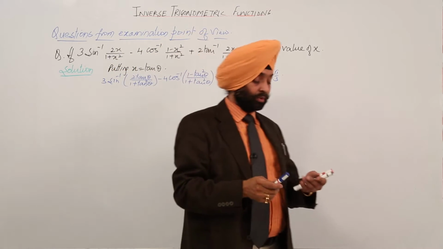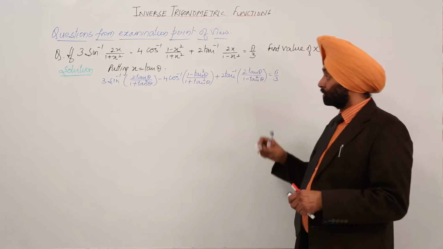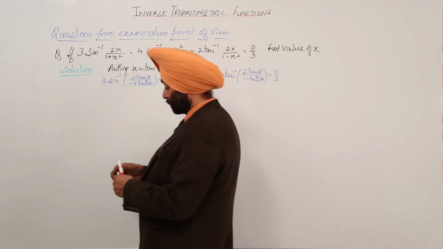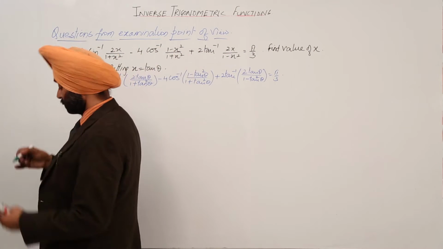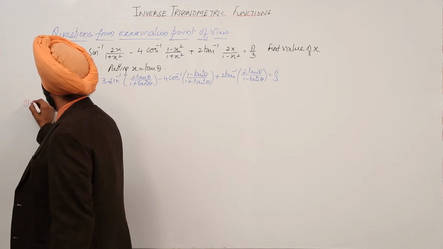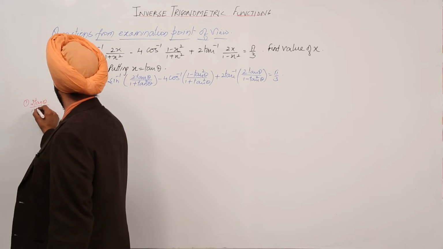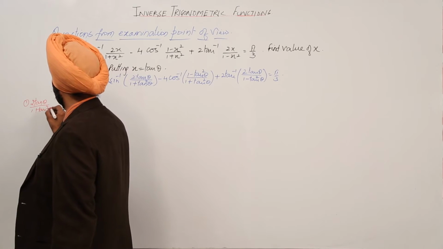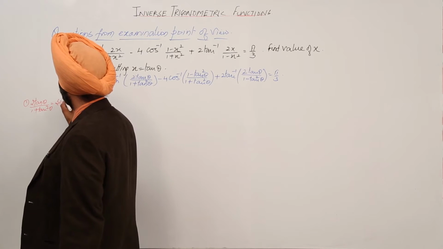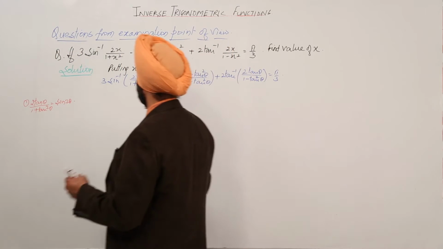Okay, so the first step we can use, because we are aware of these formulas. Now what do these formulas give? Number 1, 2 tan theta upon 1 plus tan square theta is equal to sin 2 theta. Okay, first formula. Second one is for cos inverse.